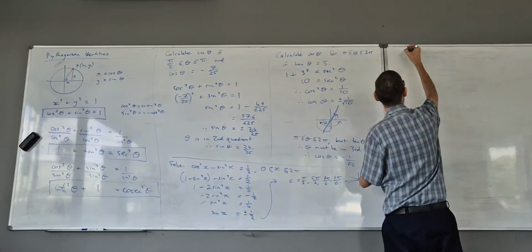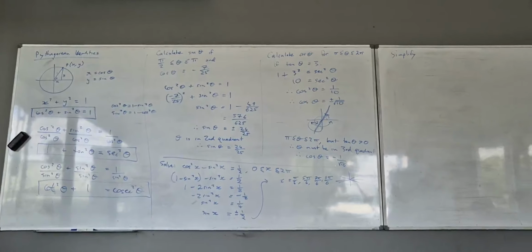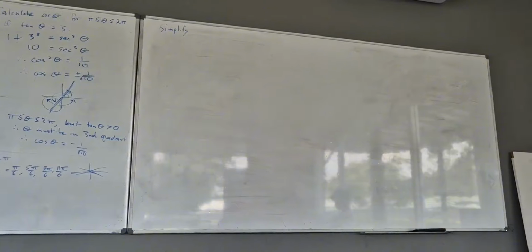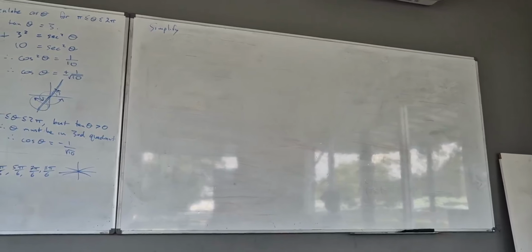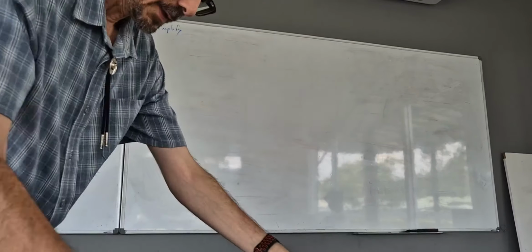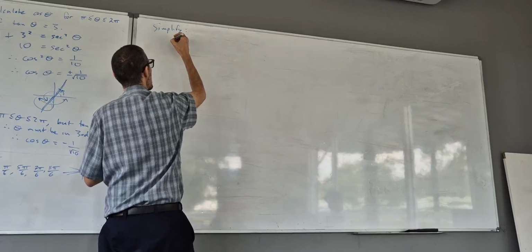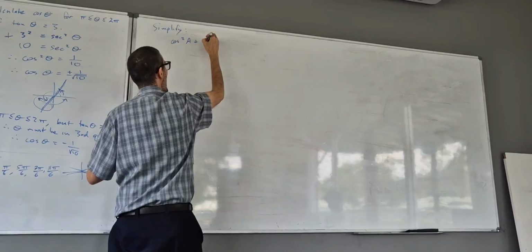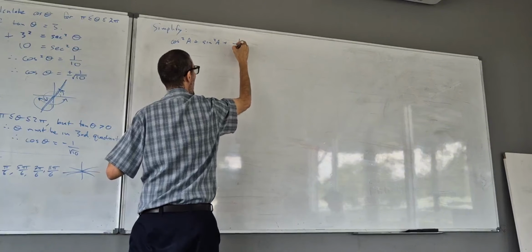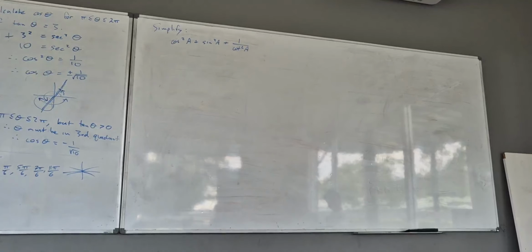Let's try simplify. Let me use my camera. Cos squared plus sine squared plus 1 over cot squared.